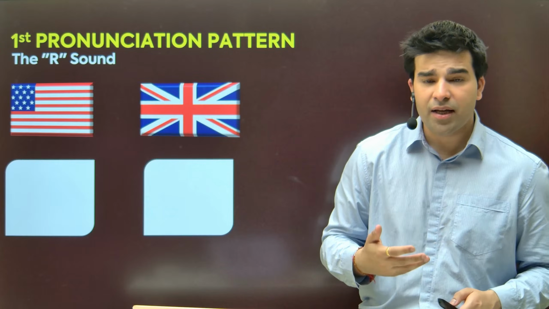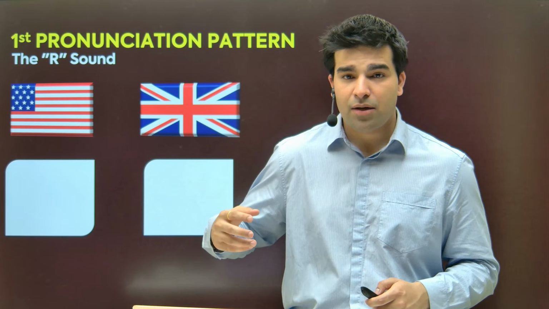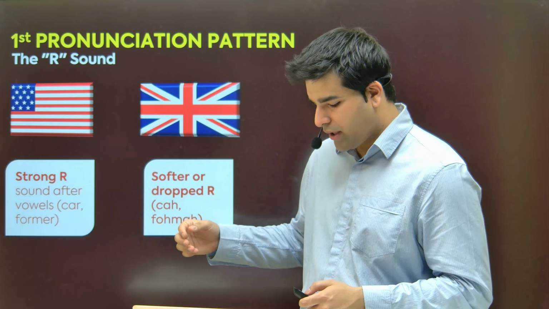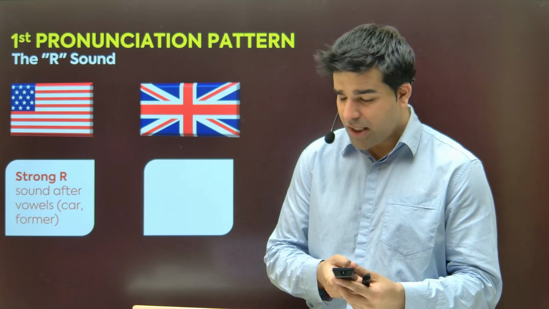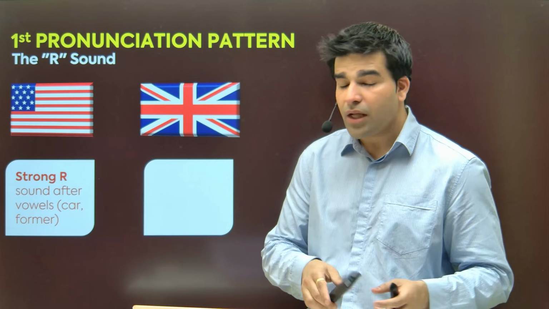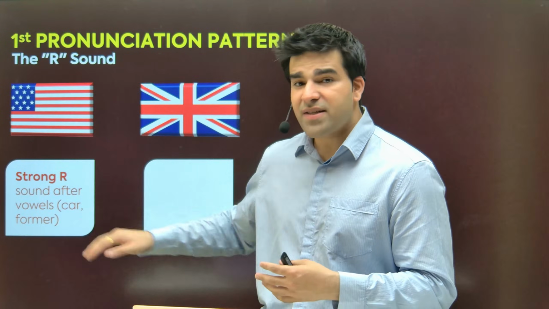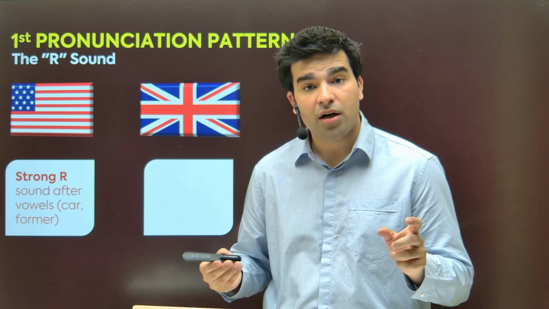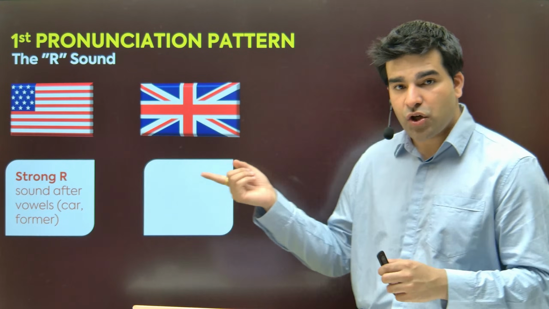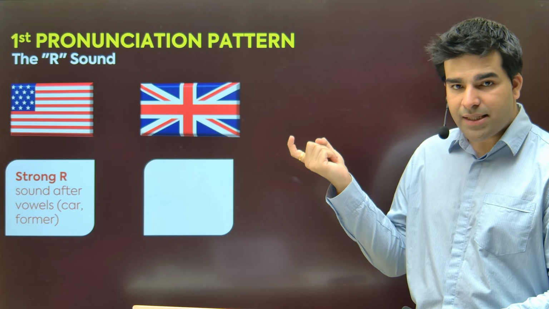When it comes to Americans or American English, they pronounce the R sound very strongly. I repeat, they pronounce the R sound very, very strongly, especially when it comes after a vowel. So for example, in the word C-A-R, they would say car. If this is your tongue, you'll feel that it rolls like this.